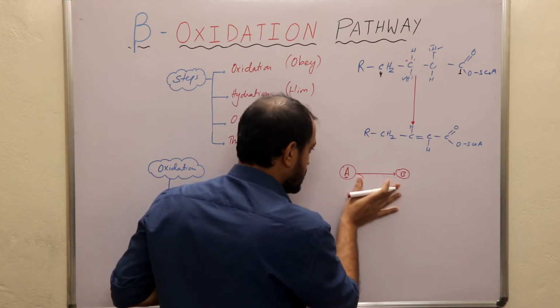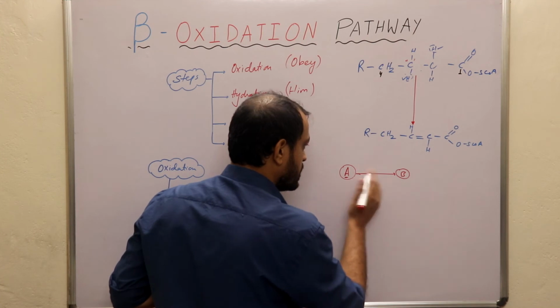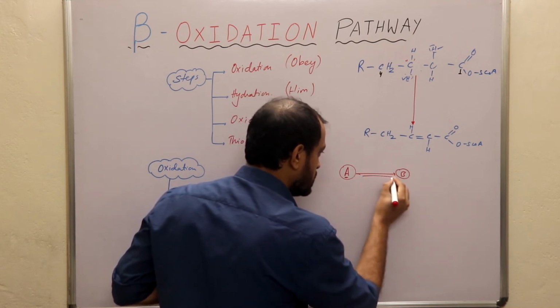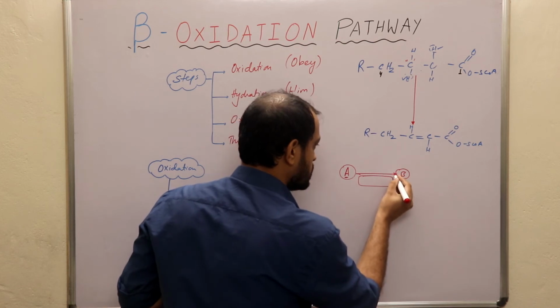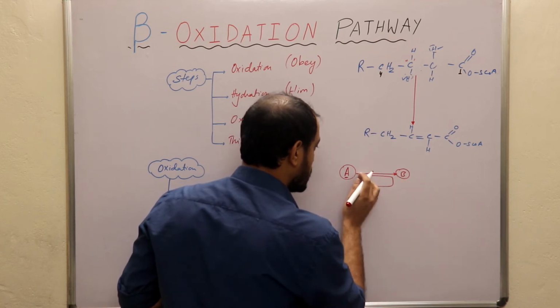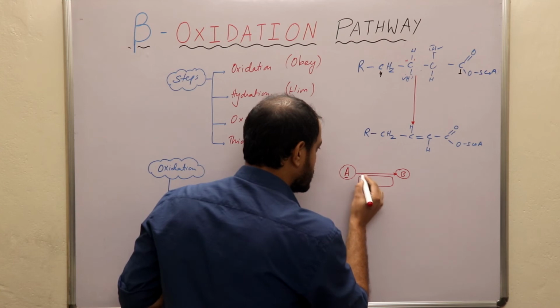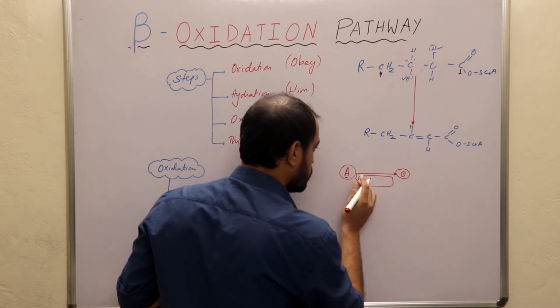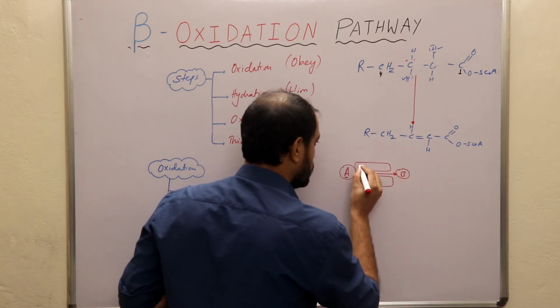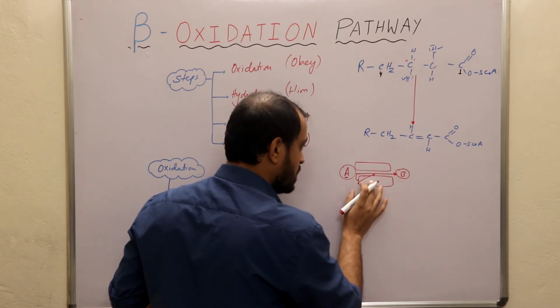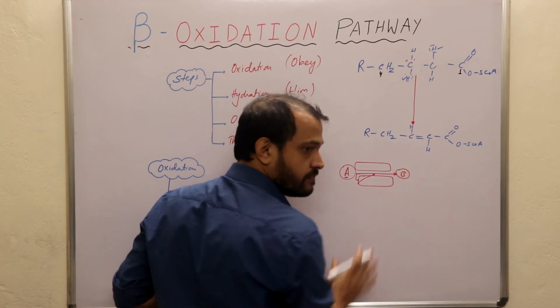So in the downside of the arrow, you will write the thing which is coming out or going in, and the upside will contain the name of the enzyme which is helping you do this step.